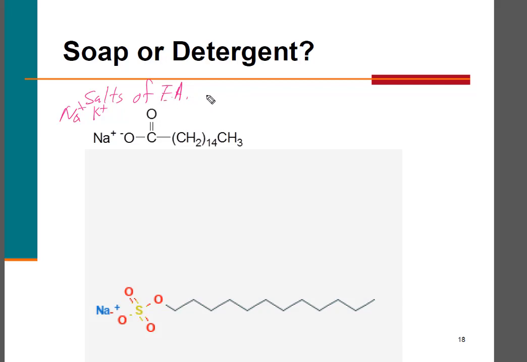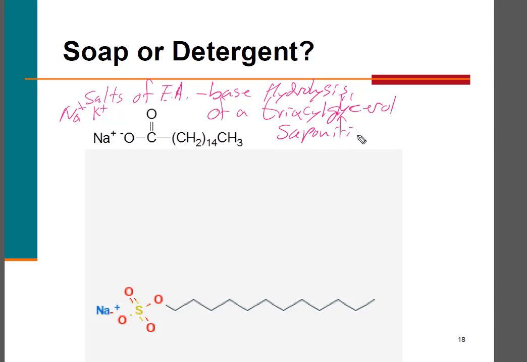They're derived from the base hydrolysis of a triacylglycerol, so saponification. That's what a soap is. What's a detergent? They're not the same thing.